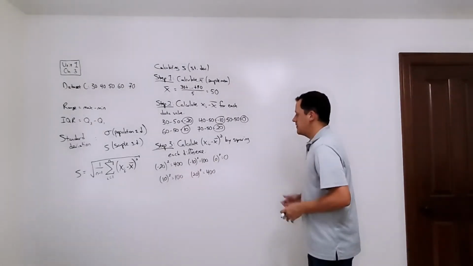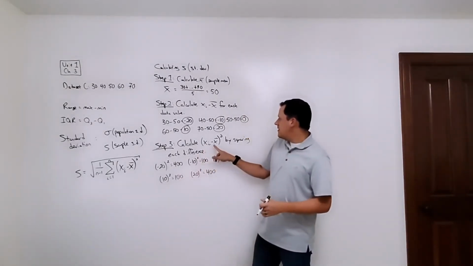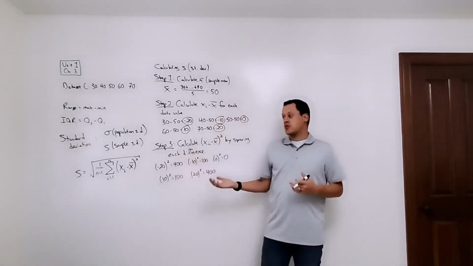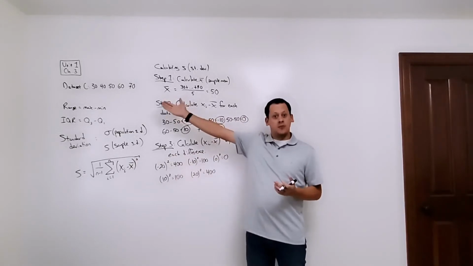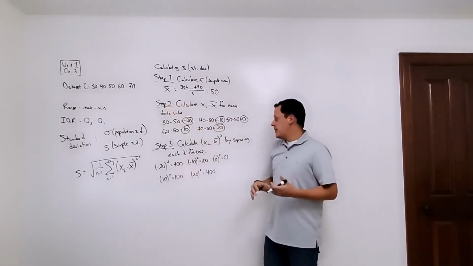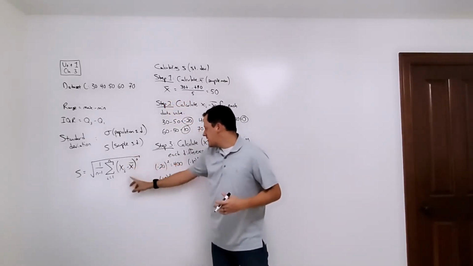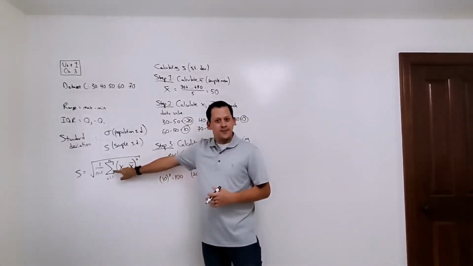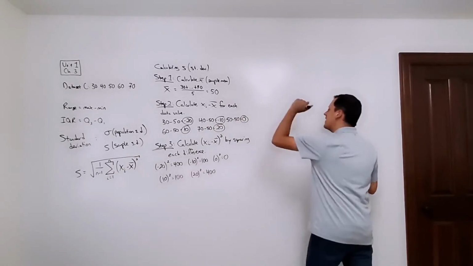Okay. So we've calculated this quantity for each of the values from i equals 1 to 5, which is the number of values that were in our data set. What are we doing with all these x i minus x bar squareds? We add them up. That's step 4.